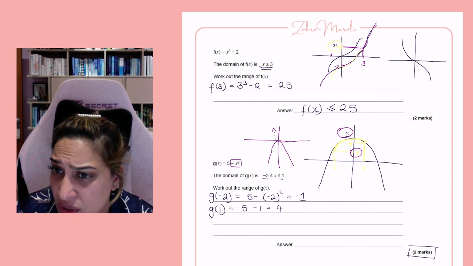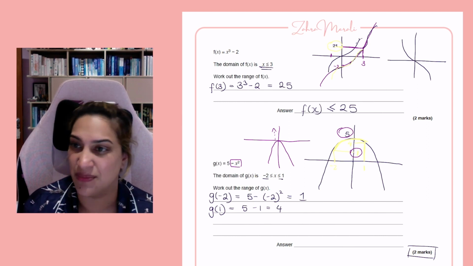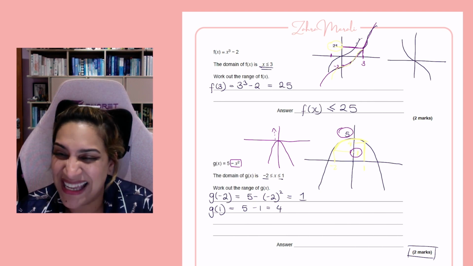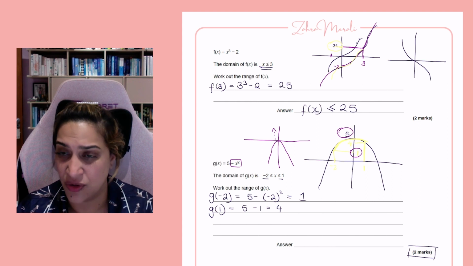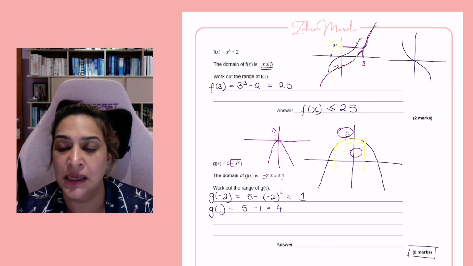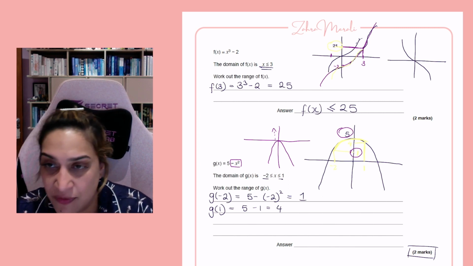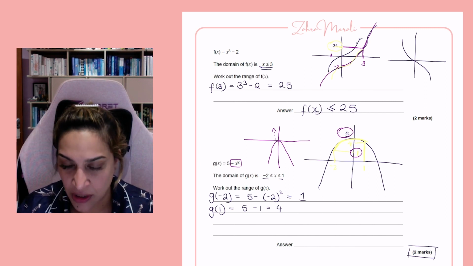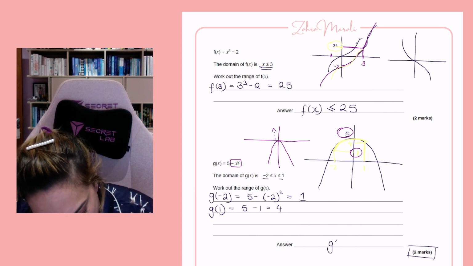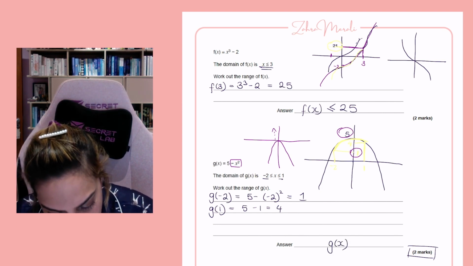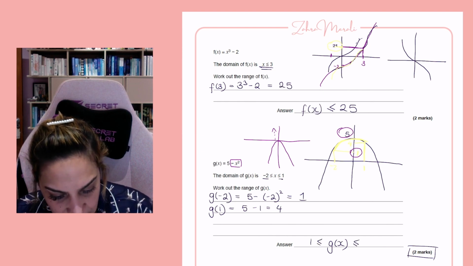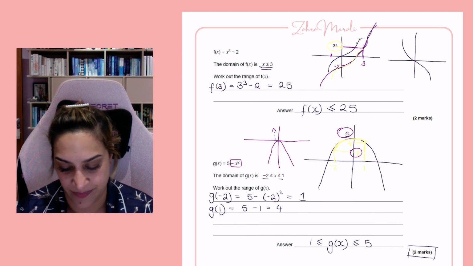The other way you could think about it is I could differentiate it, make it equal to 0, and find my maximum point. But again, it's only 2 marks. So hopefully, if you see it's 2 marks, you know that it should be something relatively straightforward. And if it's a quadratic graph, you're thinking, what's the maximum, what's the minimum? Okay, so we've got g of x. We know it has to be bigger than or equal to 1, but less than or equal to 5.